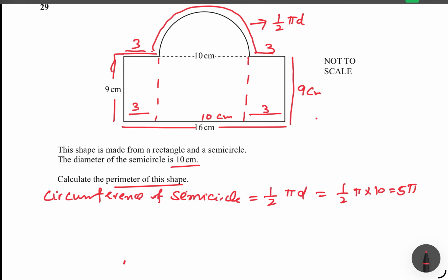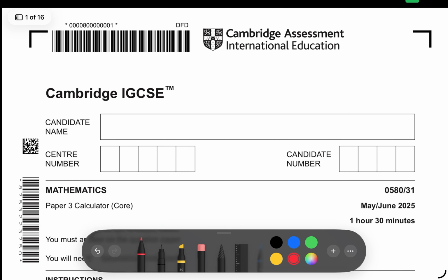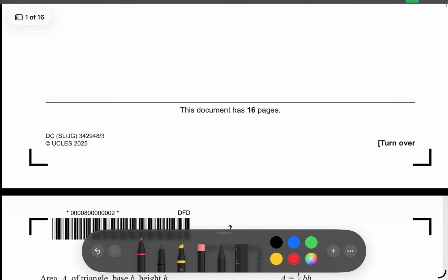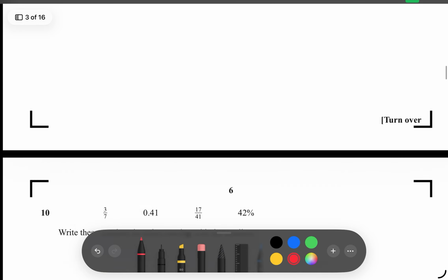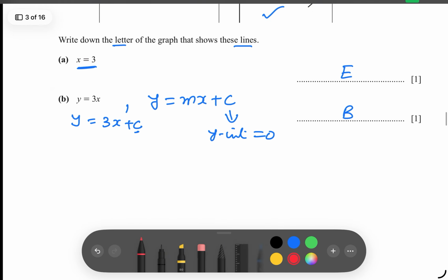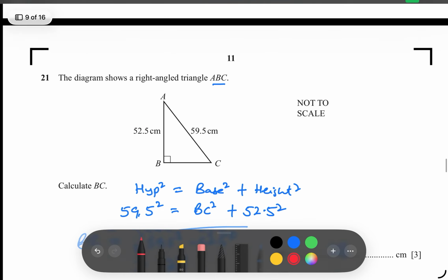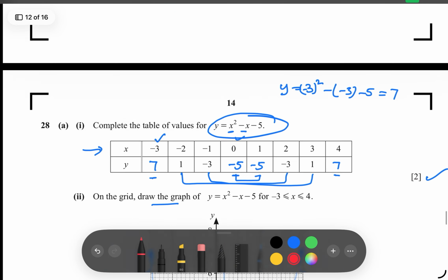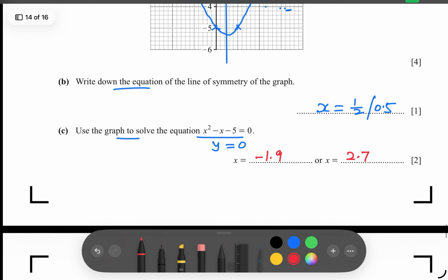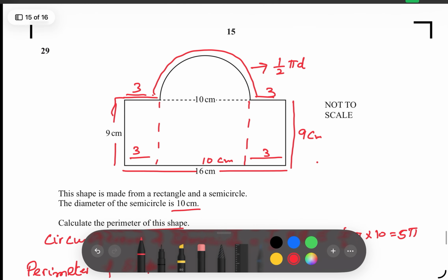So now the total perimeter of the shape is, you are going to add all of them. I will start from any point. Okay, so we are here.